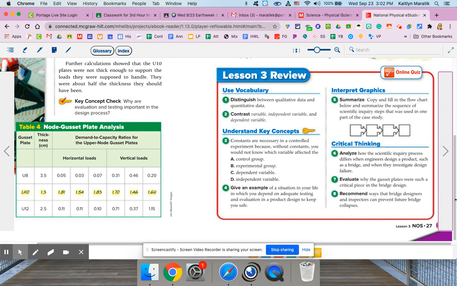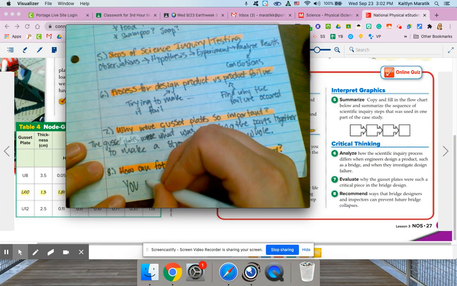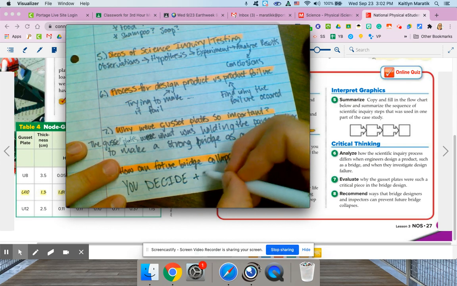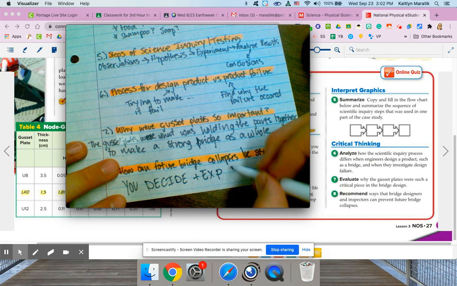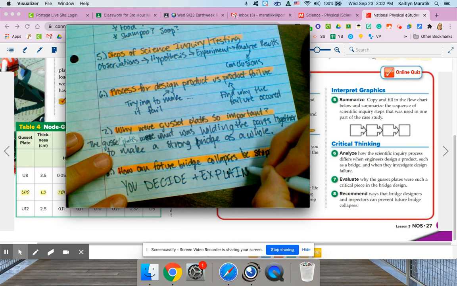Now, this is going to come a little bit from yourself. So you need to come up with this. You decide and explain. But here's some things that we can think about.